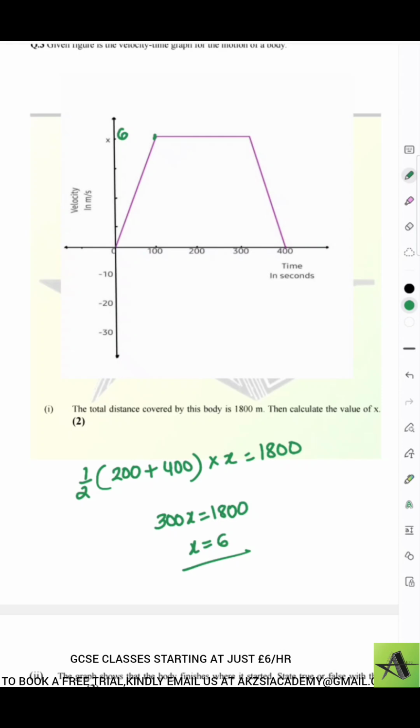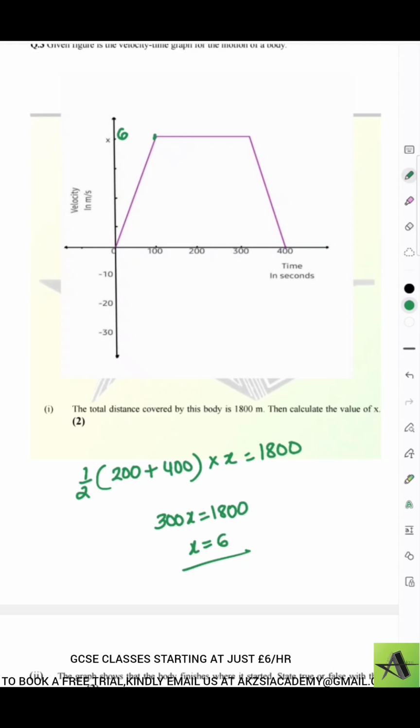If it's above the x-axis, it's positive. If it's below the x-axis, it's negative. If I calculate the displacement here, that's also 1800 in this case. So if displacement is 0, then we can say from where it started it ended. But if the displacement is a non-zero value, that clearly means it's not.